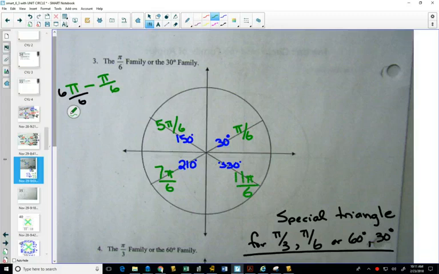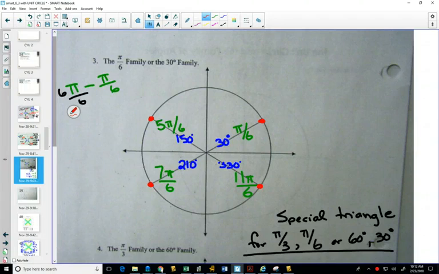Seven pi over 6 and 11 pi over 6. Draw your points on the unit circle. Look at your special triangle.